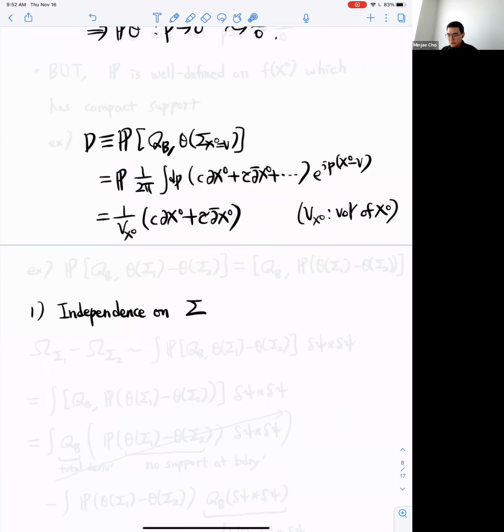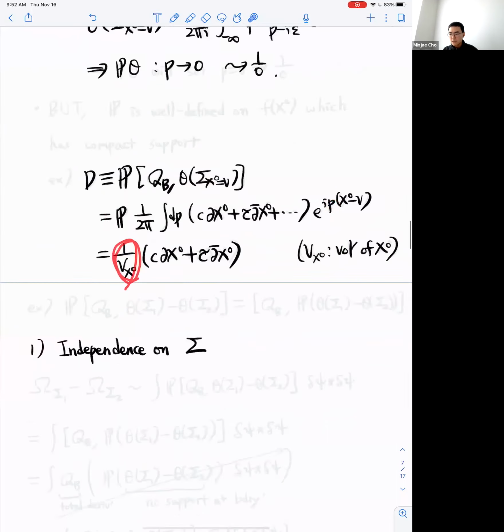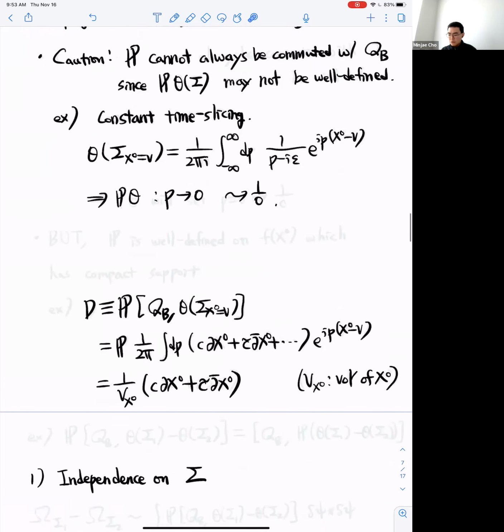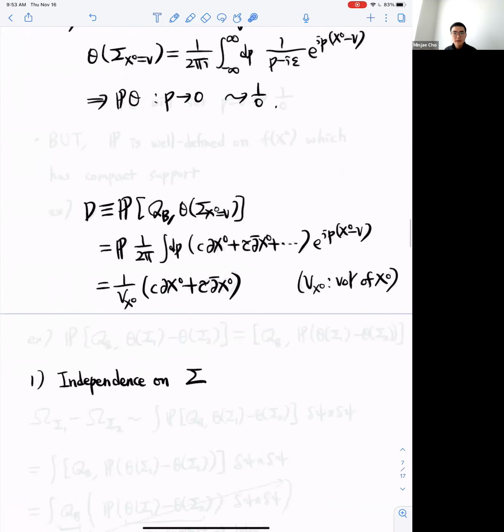You don't need to worry about this 1 over volume appearing here, because when we compute this type of correlator, there is always an overall volume factor, and that is what's going to cancel against this 1 over volume. So everything works out, and the symplectic form is independent of this volume factor. Any question up to this point? Everything good?